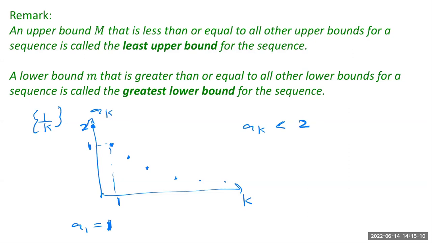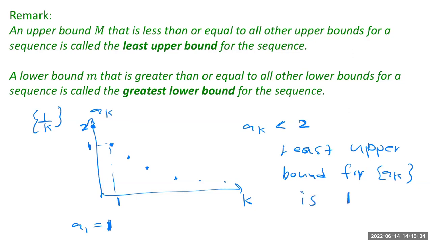That's the idea of least upper bound. The least upper bound for the sequence a_k in this case is 1, because all the other terms are less than or equal to 1.